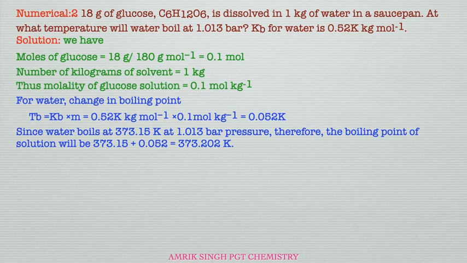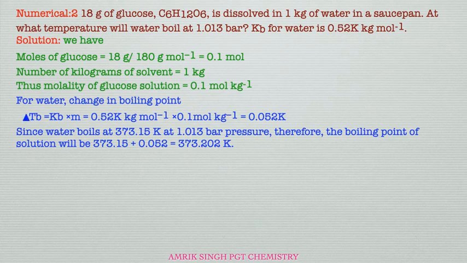And for water, the change in boiling point, ΔTb, will be Kb into m, that is 0.52 K kg per mole multiplied by 0.1 mole per kg molality, and we get 0.052 Kelvin. Since water boils at 373.15 Kelvin at 1.013 bar pressure, the boiling point of solution will be 373.15 plus 0.052, that is 373.202 Kelvin. That is the answer.